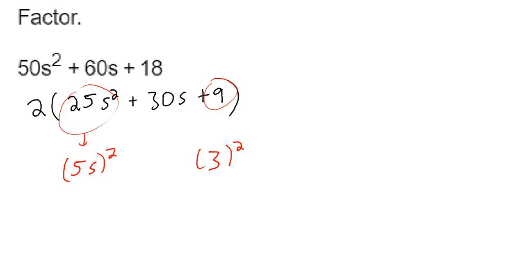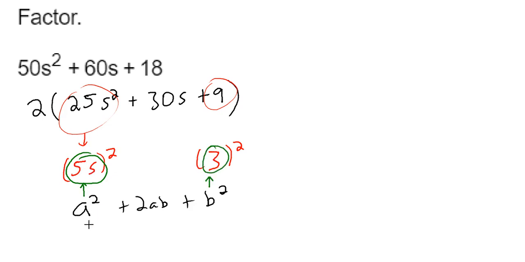And so matching this up to my formula of a squared plus 2ab plus b squared, I can see that instead of a, I have 5s, and instead of b, I have 3. So 5s is playing the role of a, 3 is playing the role of b in the problem that I was given. I want to double check that the middle term, 30s, matches up with this 2ab.